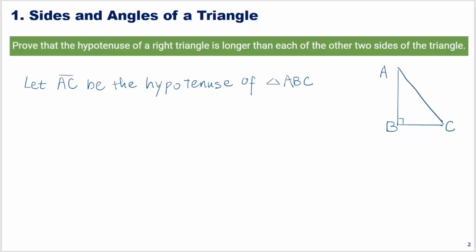Then the Pythagorean theorem tells us that AC squared equals AB squared plus BC squared, right?